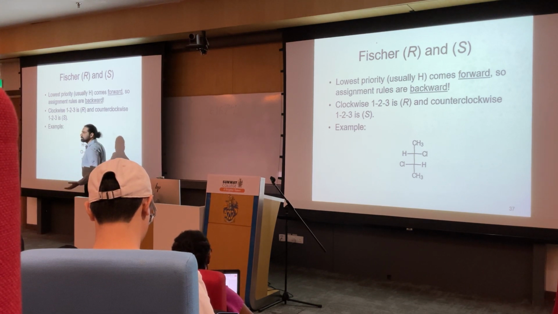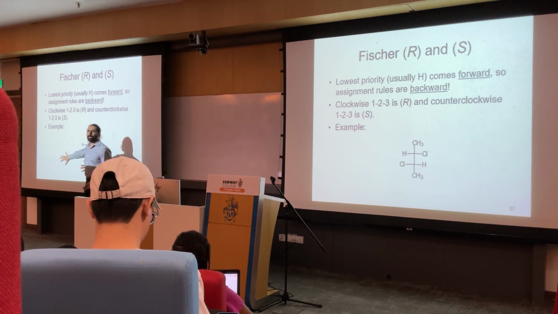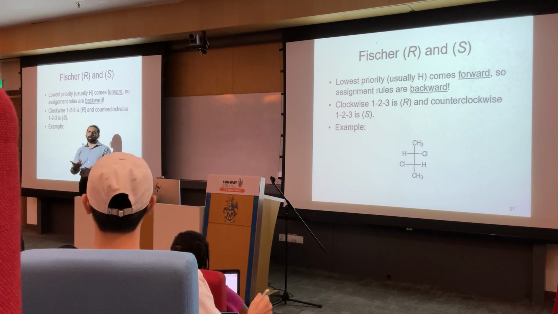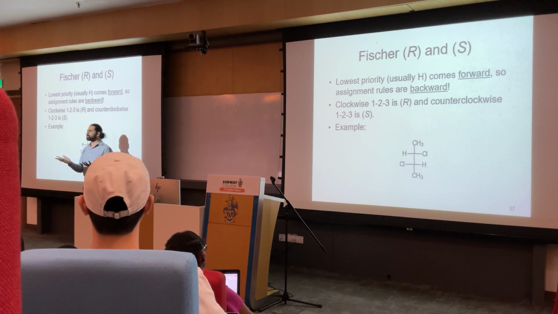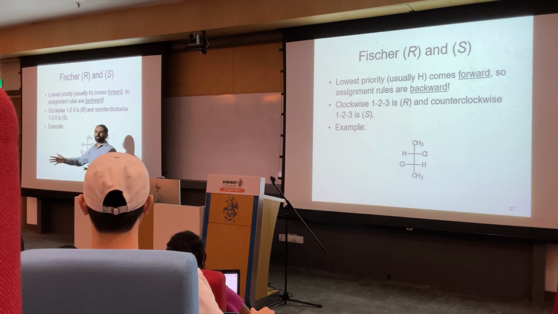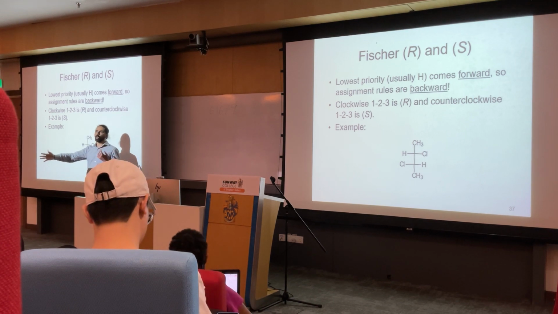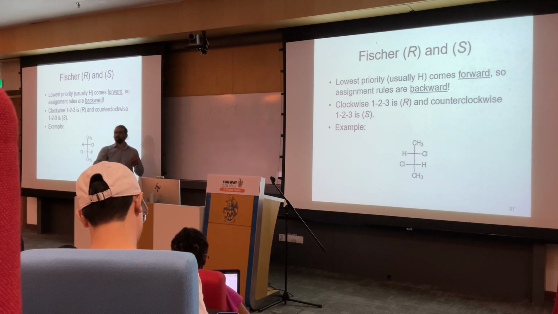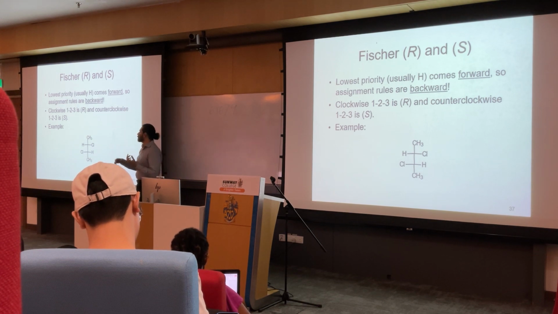Now these groups can be changed according to R and S. So if you are given an example in an exam, or any other test where you are supposed to give the R and S configuration, then you don't have to do a lot of switching. And you don't have to remember all the previous rules, because hydrogen will almost always be horizontal. And horizontal means outside the plane. So you can simply tell the rotation and reverse your answer.